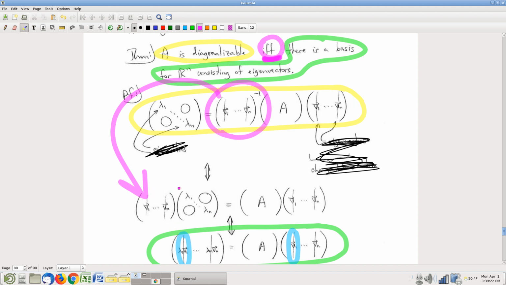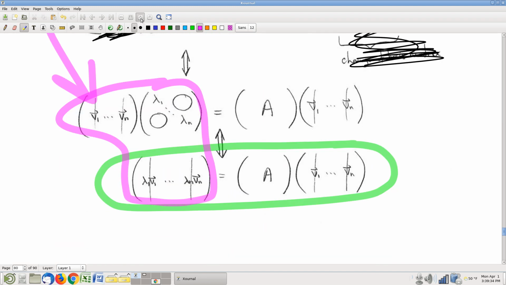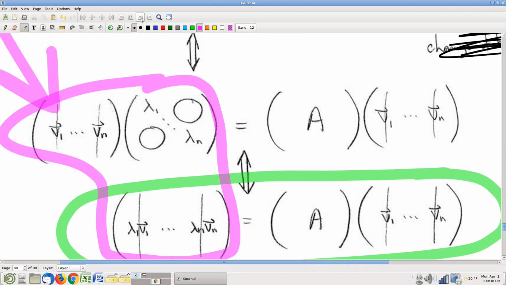Think section 1.2. And let me zoom so we can see what's in there better. In section 1.2, we argued that when you multiply two matrices, you're talking about linear combinations of columns.